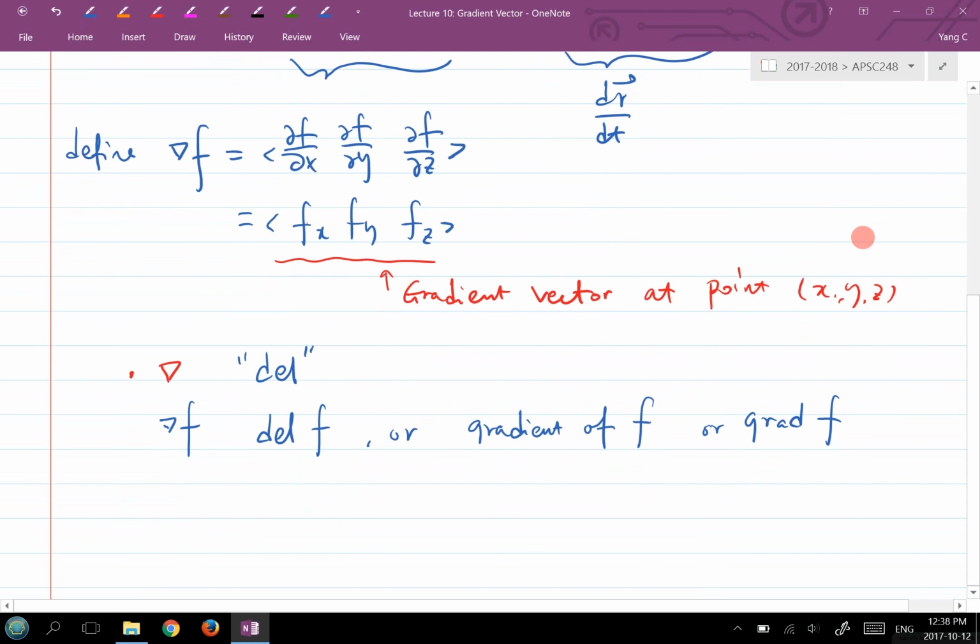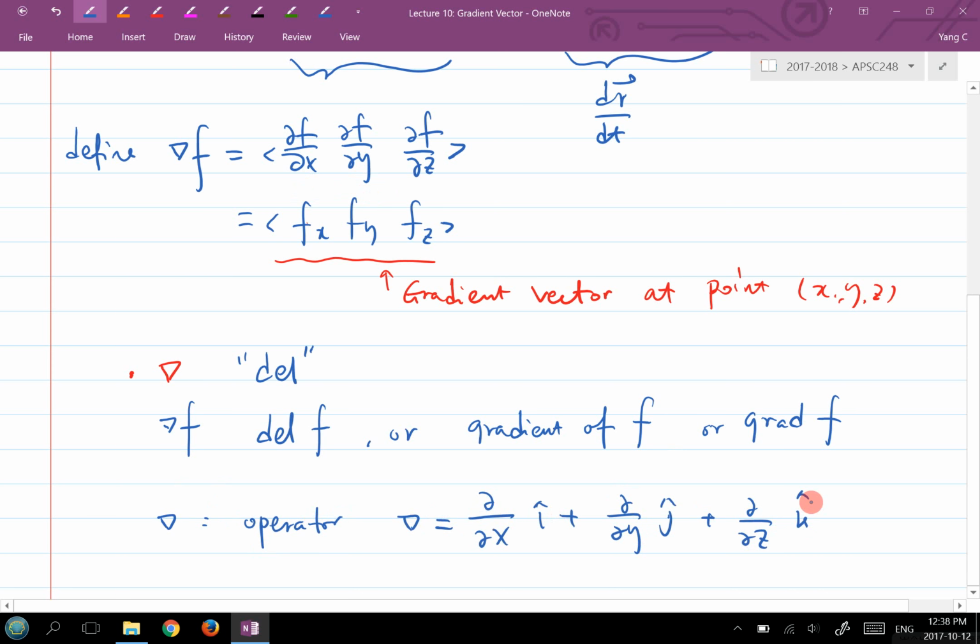Now, if you look at this definition of the gradient vector, the del is actually an operator, and the operator is defined as partial over partial x, partial over partial y, and partial over partial z.